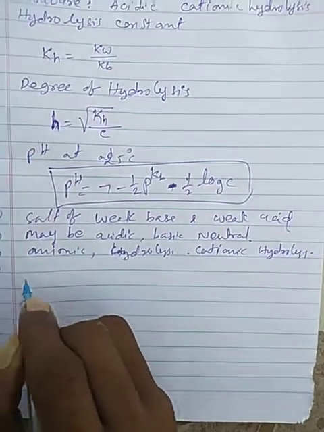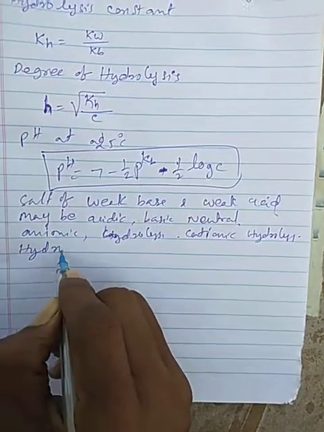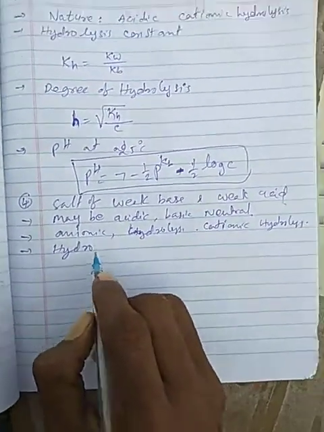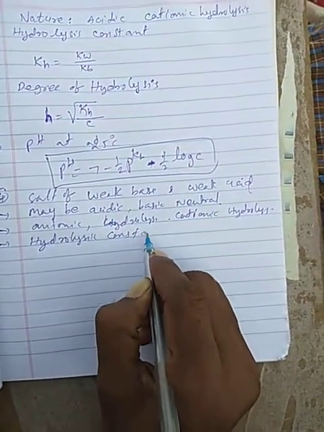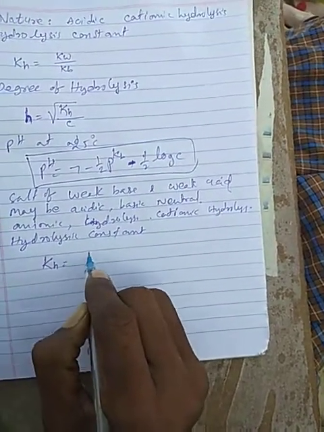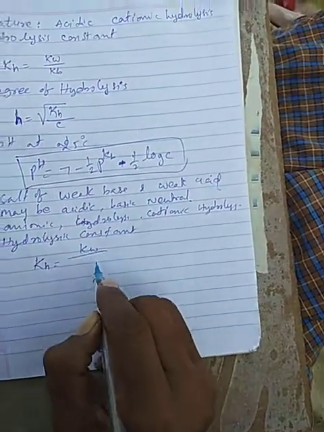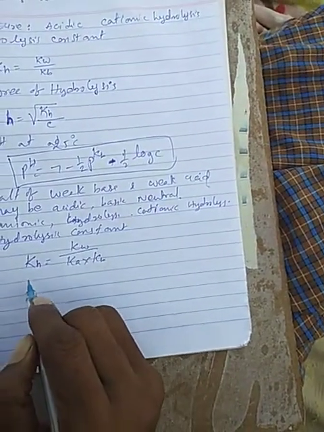Now the hydrolysis constant KH is equal to Kw by Ka into Kb.